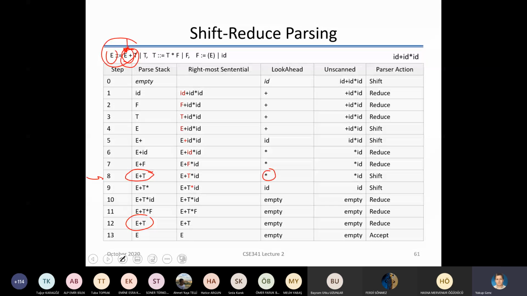Therefore, I don't need to worry about it. So I can actually do this one without any problem. I can reduce, and then at the end I have E and empty. So output is empty, input is empty, and my parse stack has only E on top of it, and therefore this is going to be accept. All right.